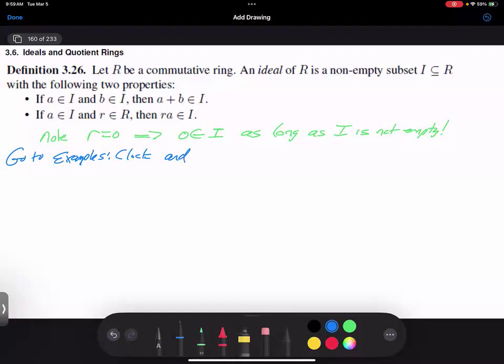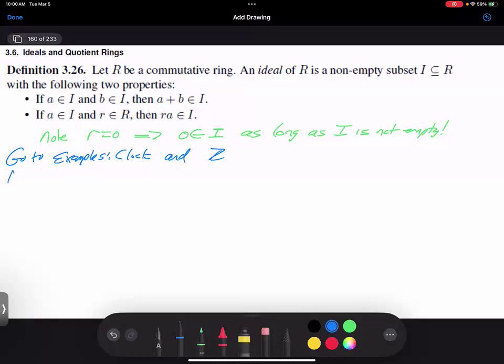If you want, you can view it as a very, very big clock. The integers, right? These are our go-to examples, the integers and the clock. So let's try to imagine what the ideals might be like for the integers.